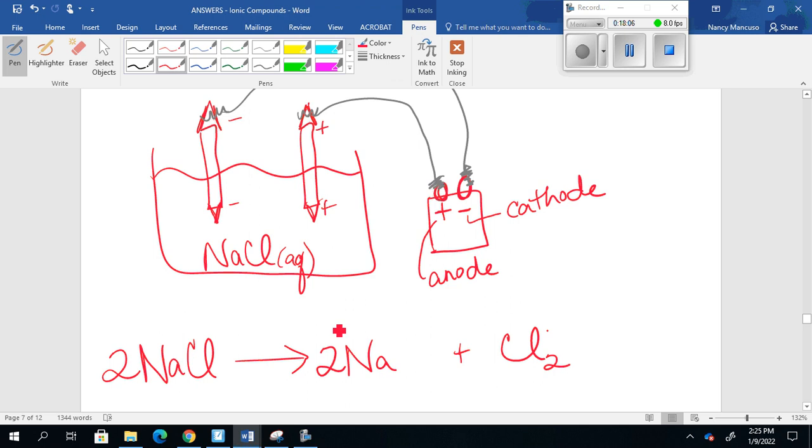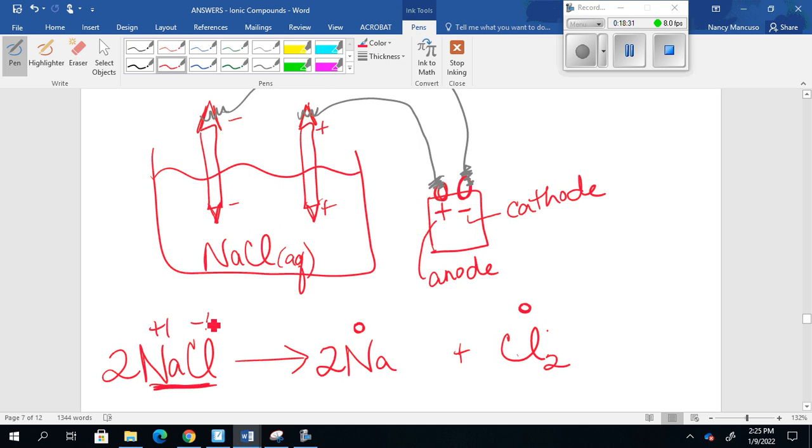I have 2 Na's at the start, 2 Na's at the end, 2 Cl's at the start, and 2 Cl's at the end. Okay, now when this is by itself, it's not going to have a charge anymore, because it's an atom. It's not an ion. But over here, when it's an ionic compound, Na is a +1 and Cl is a -1.